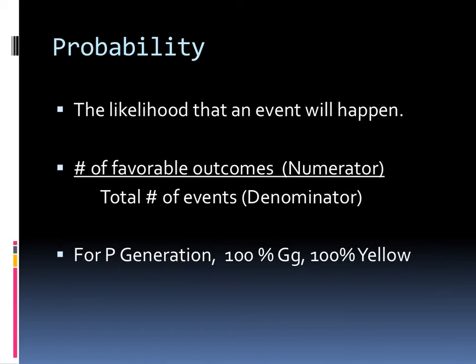The fraction form tells us the number of favorable outcomes, which is the numerator, over the total number of events, the denominator. The denominator in this case will always be 4 because there are 4 Punnett squares inside the box there. So for the P generation, you can say either 4 out of 4 or 100% have the genotype probability big G, little g, and 4 out of 4 or 100% have the phenotype probability of being yellow.